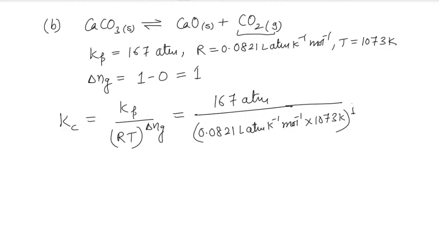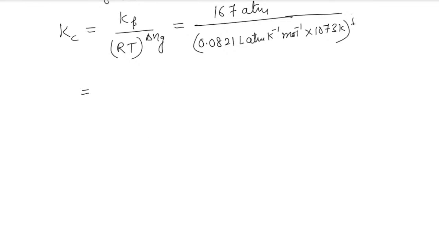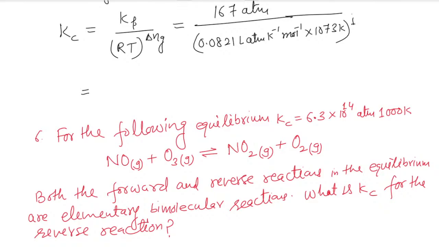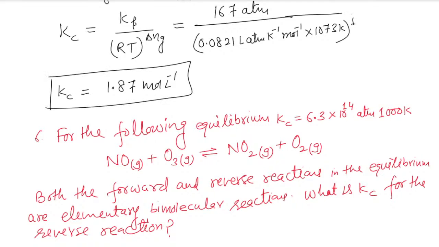So tell me, what is the result? So calculate the answer. For the time being, I will write the next question. Okay, so value comes out to be 1.87. Okay, so units are same, mole per liter. So Kc is 1.87 mole per liter.